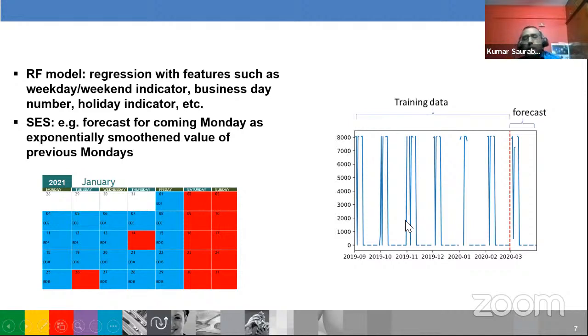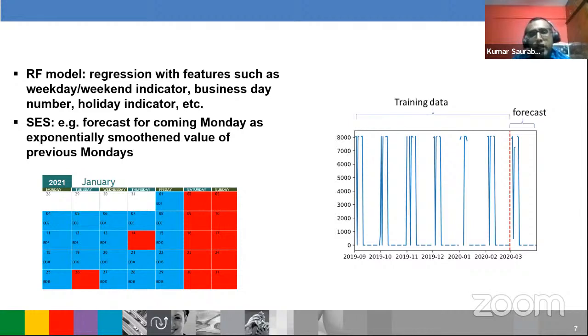But as I said, there were more than 100,000 jobs, and the random forest model was not working everywhere. So we tried a few other models, and eventually what we found was that another model called simple exponential smoothing also works well on some other types of training data, when the training data has other types of patterns. So what we were doing here is, say I have to forecast for next Monday.